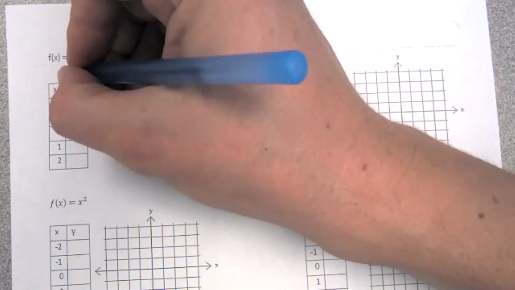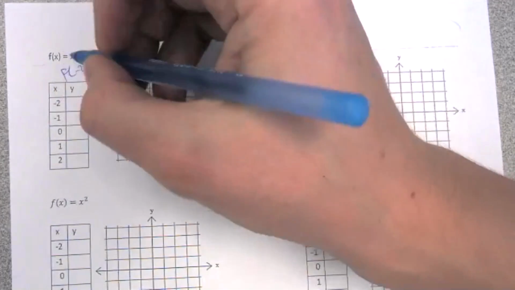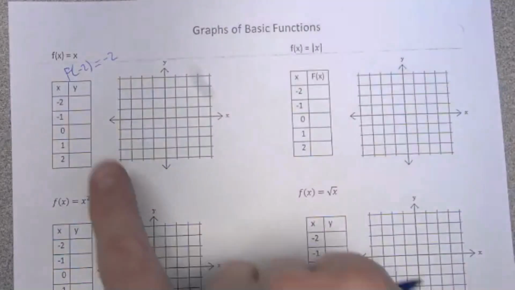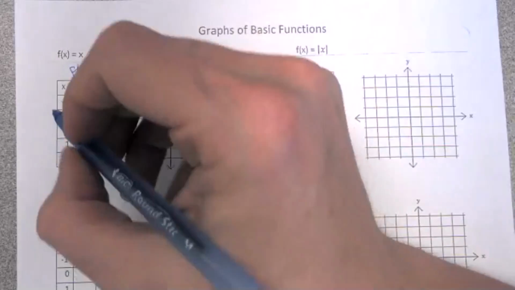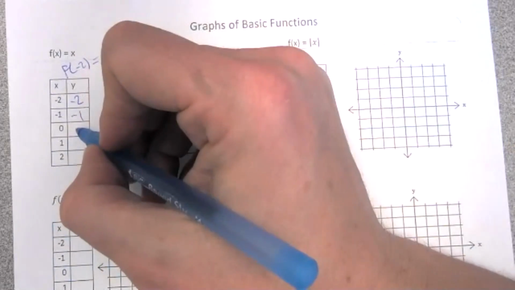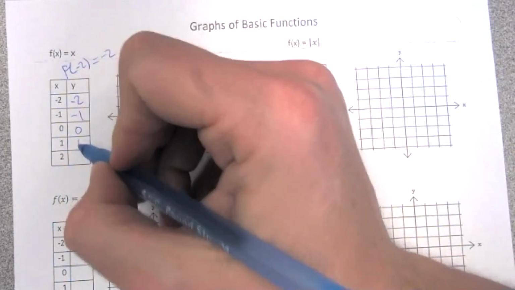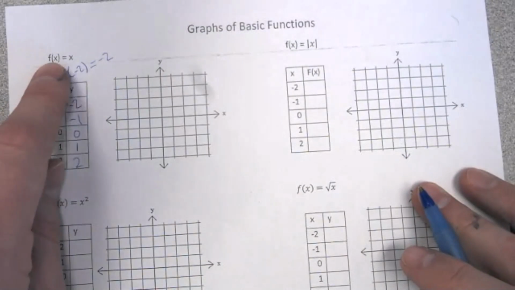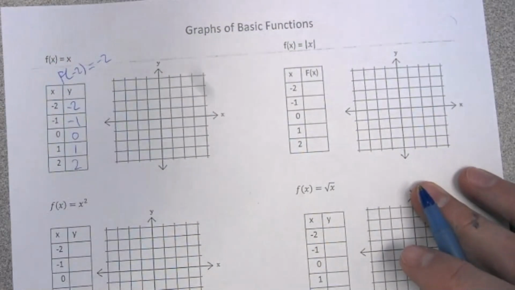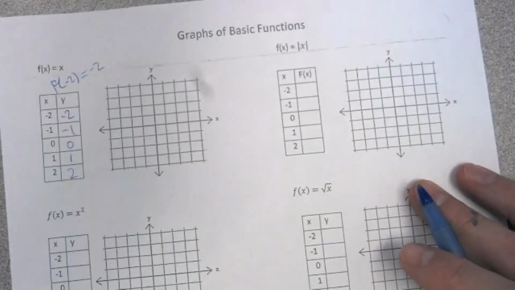So for example, f of -2 is equal to -2, right? I replace the x with -2. If I plug in a -1, I get out a -1. If I plug in a 0, I get out a 0. If I plug in a 1, I get out a 1. If I plug in a 2, I get out a 2. That's what this function does. You put the input here, and the input and the output match.